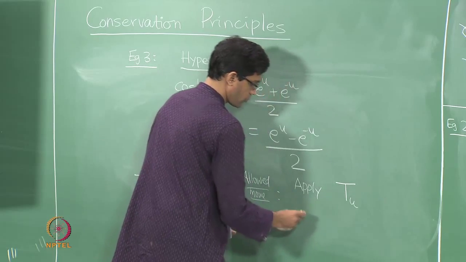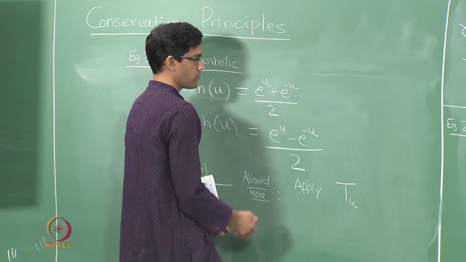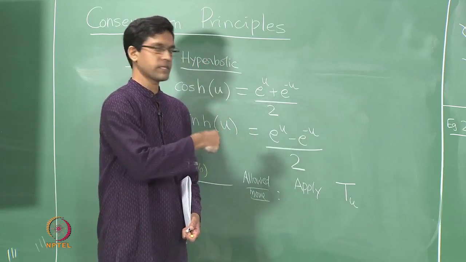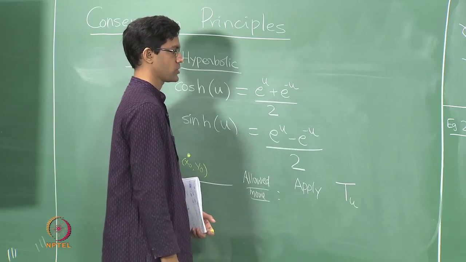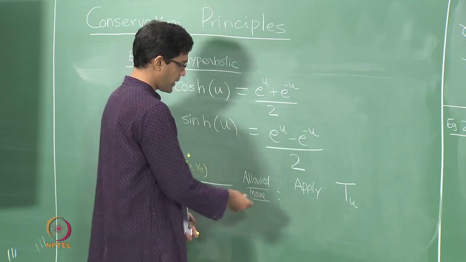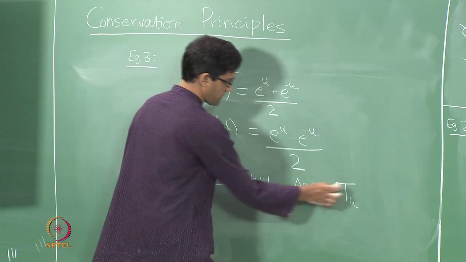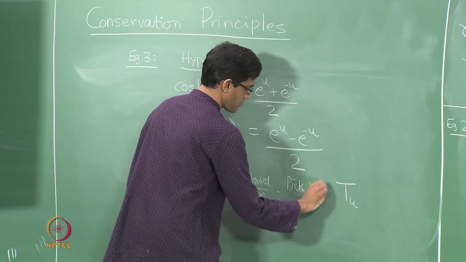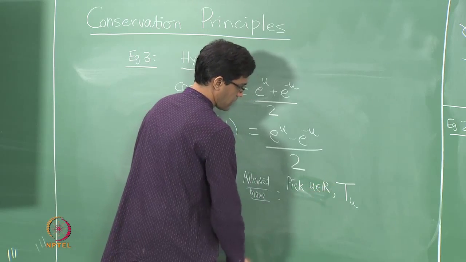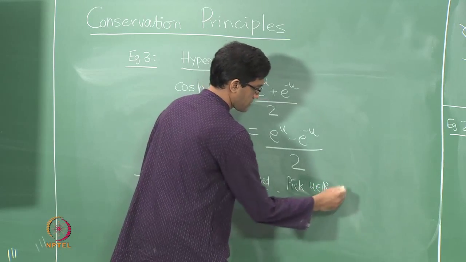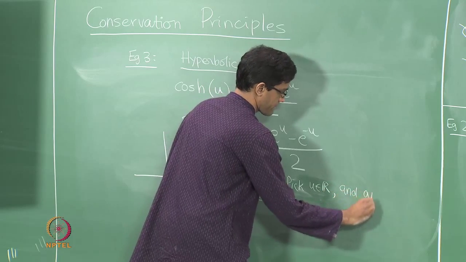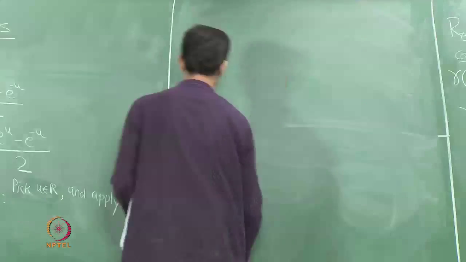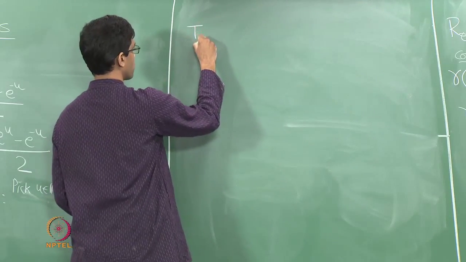Okay, so you pick u, you pick a real number u. Just as in the earlier example, what is the allowed move? You pick an angle theta and then you rotate by the angle theta. Similarly here you pick a real number u and then you apply the transformation T_u, which I will just describe. So what is this? Just like in the earlier case, here's the definition of T_u.